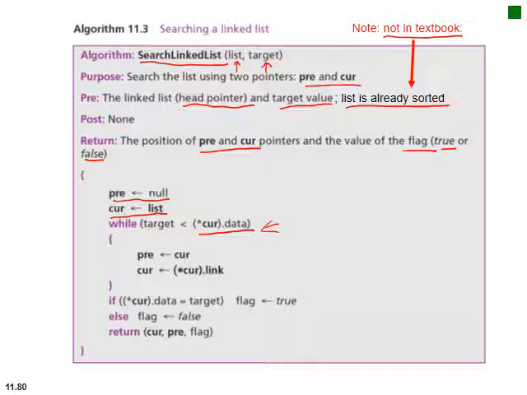Okay, so pre gets current and current gets current.link. We'll show that in the next lecture. Again, remember y.link. Remember if we had, for example, two nodes like this, I'm just going to make two nodes quickly.